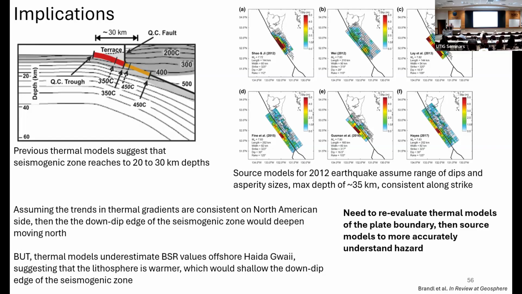So the down dip edge of the seismogenic zone might be shallower beneath Haida Gwaii, but then progressively deepen to the north. And ultimately, I think this means we really need to reevaluate thermal models of the plate boundary and also the source models of the earthquake so that we can better understand the true hazard potential of this region.